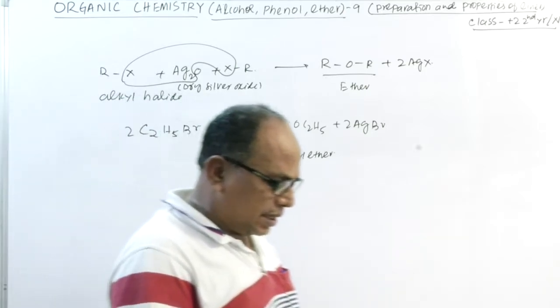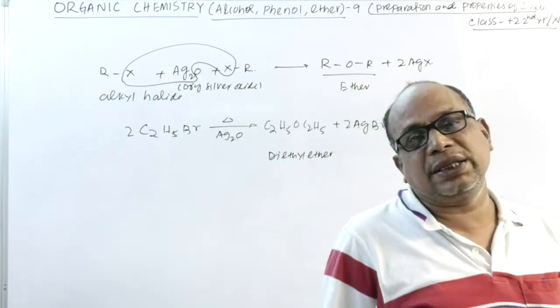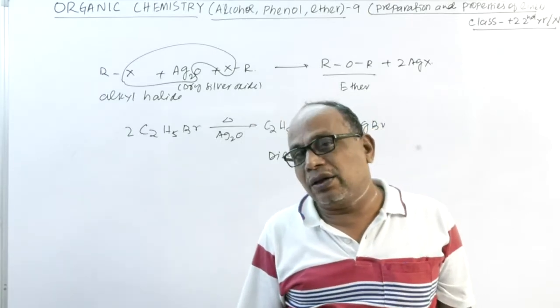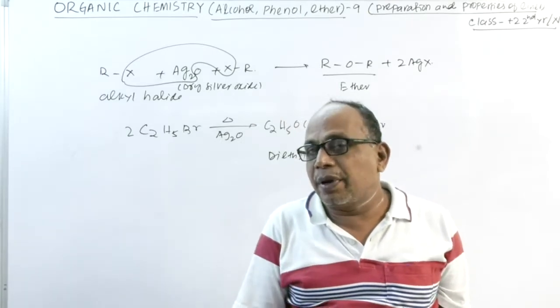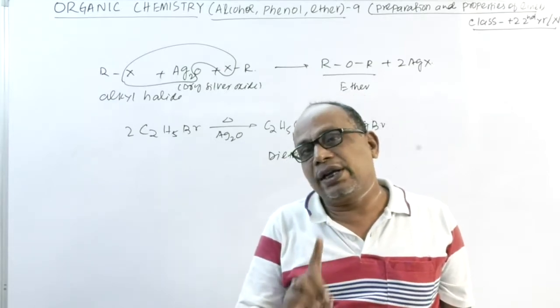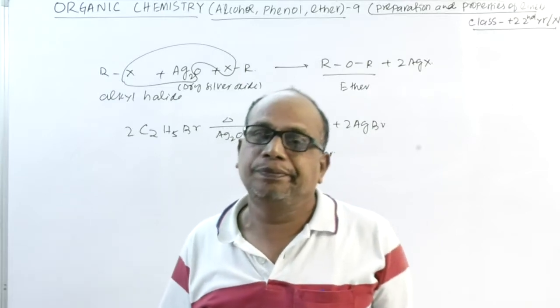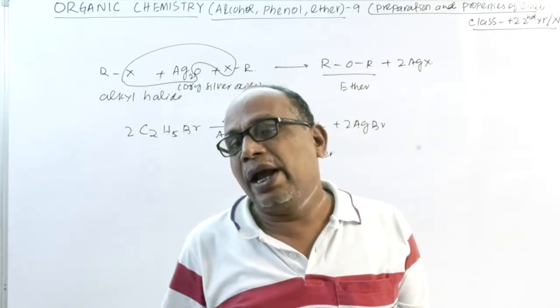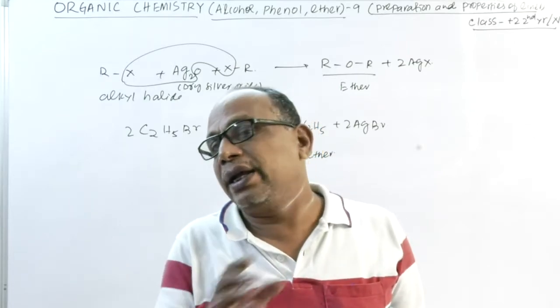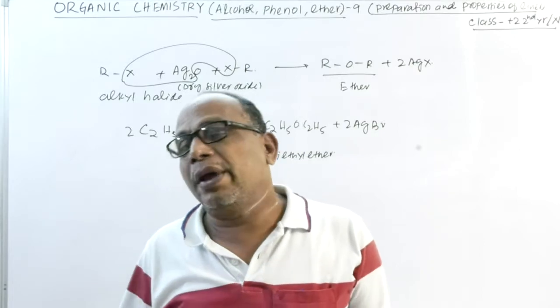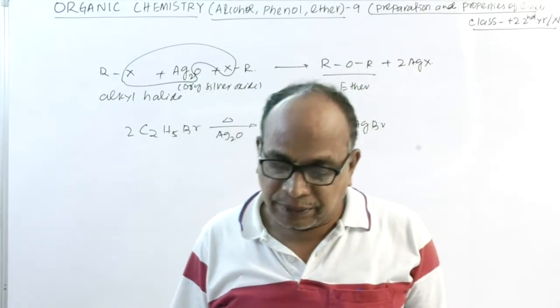Okay students, these are the various methods of preparation of ether. You can prepare aromatic ether, that is anisole. Anisole can be prepared from sodium phenoxide: phenol is treated with sodium hydroxide to form sodium phenoxide. This sodium phenoxide is heated with an aliphatic alkyl halide to form aromatic ethers.